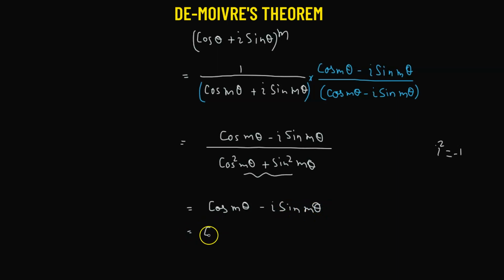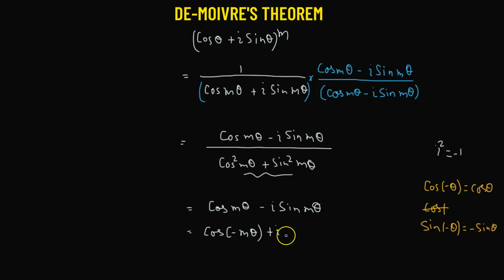Now this can also be expressed as cosine of negative m theta, because we know that cosine of negative theta is simply positive cosine theta, and sine of negative theta equals negative sine theta. So in case we have negative sine m theta, this can also be expressed as plus iota times sine of negative m theta.